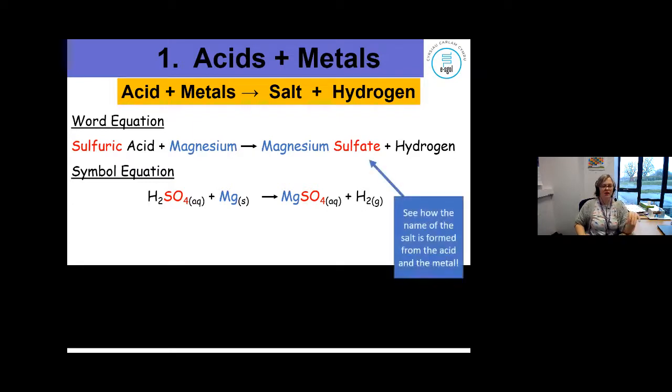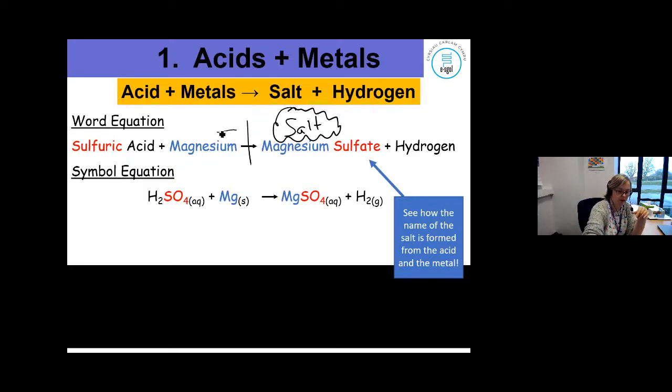What I'd like you to draw your attention to is that the salt, in this case magnesium sulfate, that's the salt we're talking about. The salt originates its name from two bits of information given on the left-hand side, the reagents.